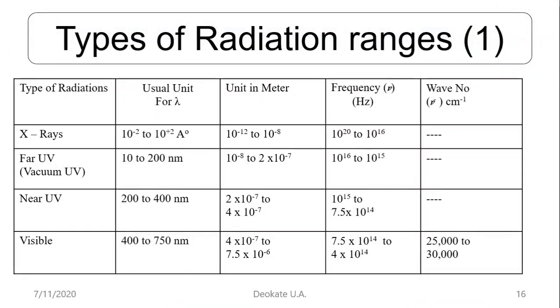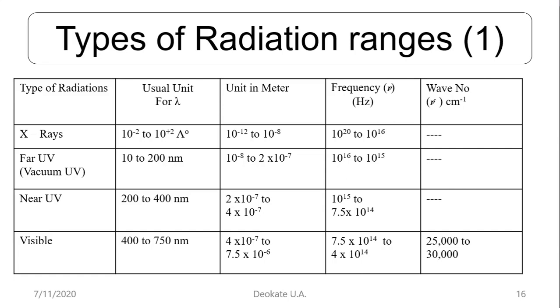So we are talking about electromagnetic radiations and various types of spectroscopy. We will have a chart to discuss the usual units in meter, frequency and wave numbers of certain radiations which are used in different spectroscopic techniques. First we will see X-ray spectroscopy, X-ray diffraction and X-ray absorption spectroscopy, where X-ray radiations are used.